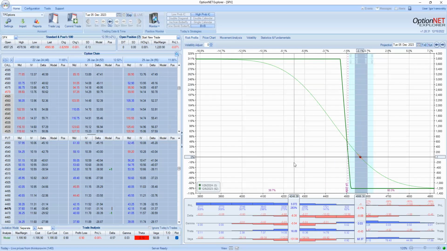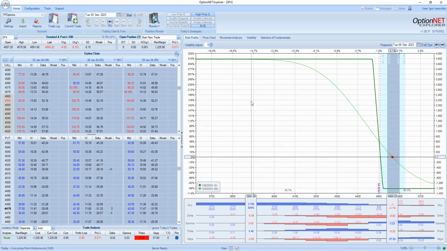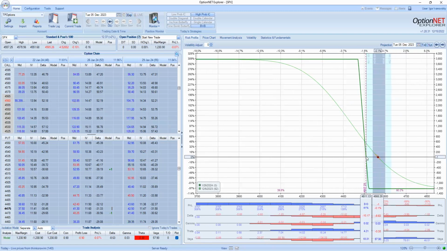If I wanted to set up a trade that was more bullish than neutral, then I would have to either sell the naked puts closer to at the money, or I would have to move my put debit spread further away and pay less than $12.20. So I'm going to pay $12.20 for my 50-point wide put debit spread.